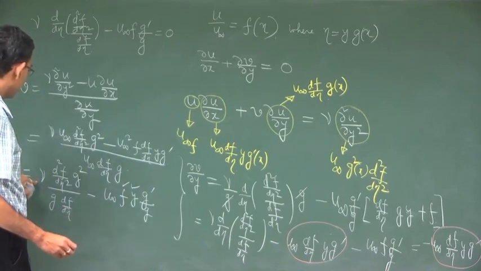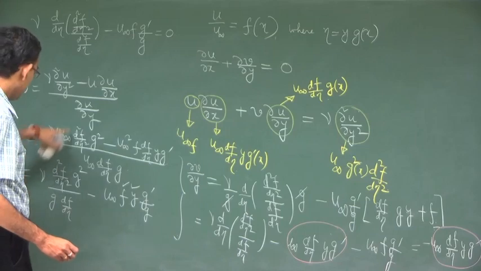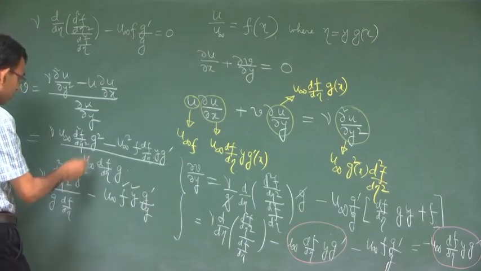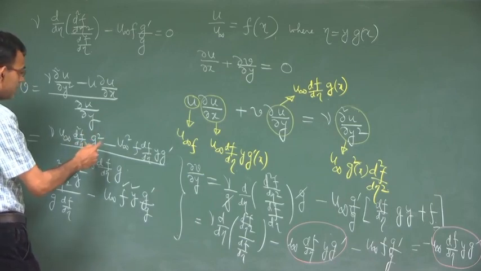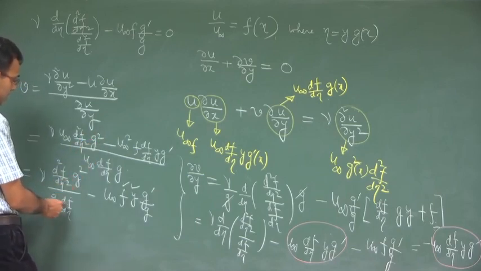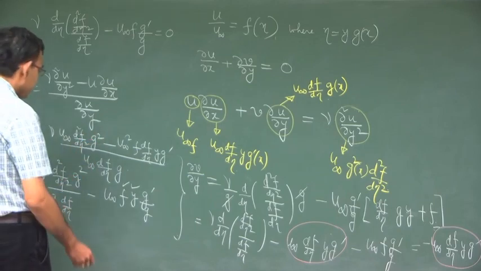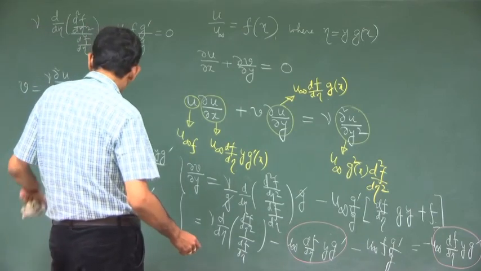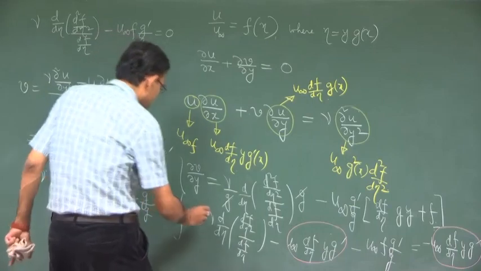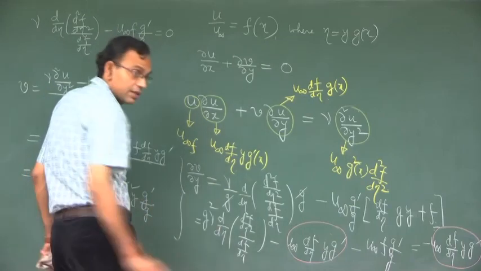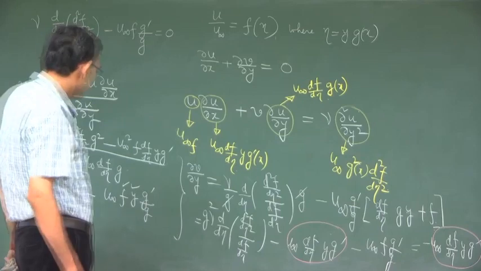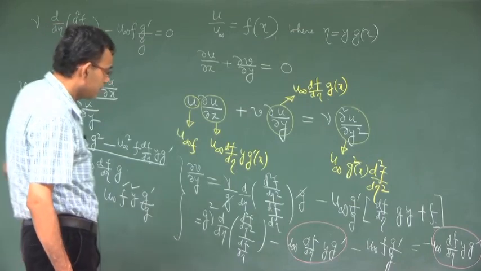So, this is what I found it is missing. So, nu d 2 f d eta 2 by, into this g square was missing here, right, g square by g d f d eta. So, let us write, nothing very different, only the g square will be there in the numerator, one additional g square.